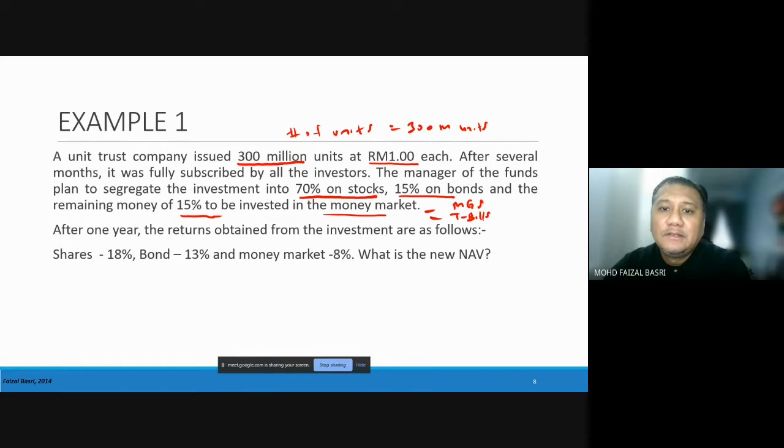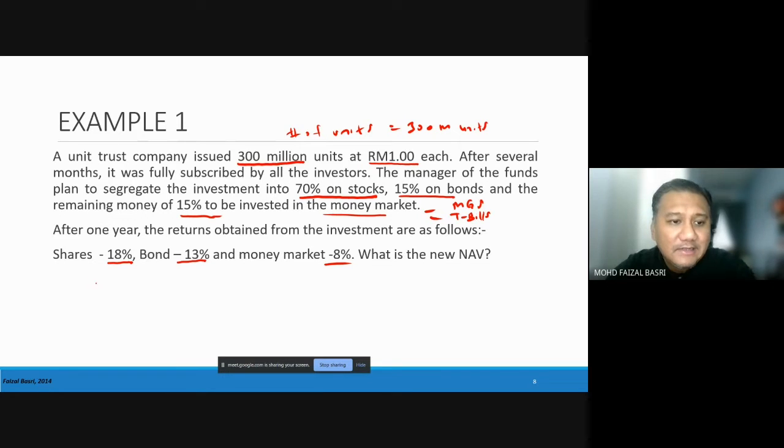Okay, and at the end of the year, dah habis tahun satu cycle, this investment yang diinvest ni, respectively generate these returns. Share 18% paling tinggi, bond generate 13%, and money market 8%. So what will be the new NAV? So ingat originally dia punya fund bernilai 300 juta. 300 million initially.